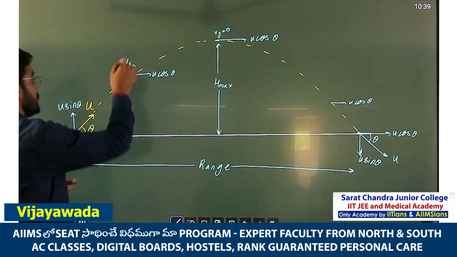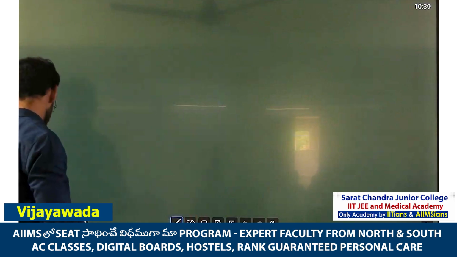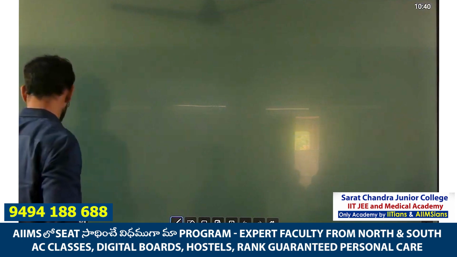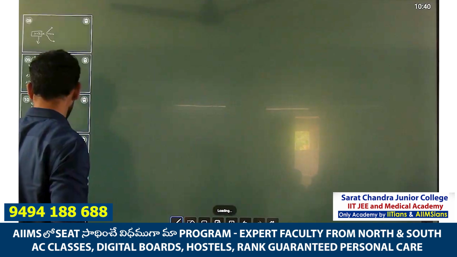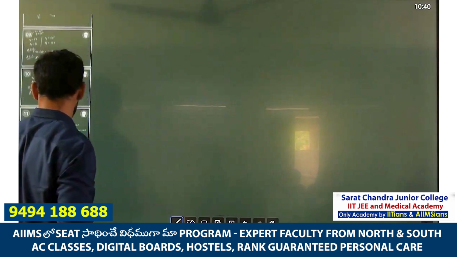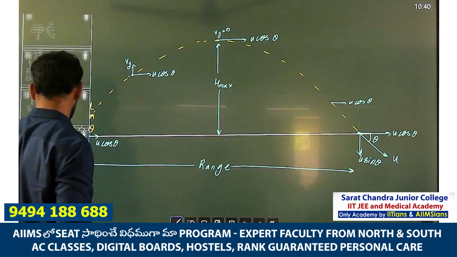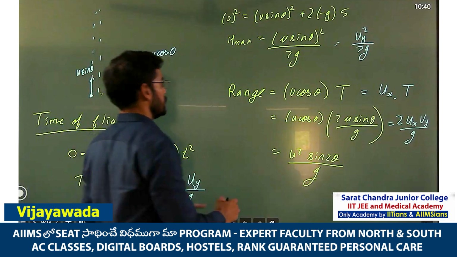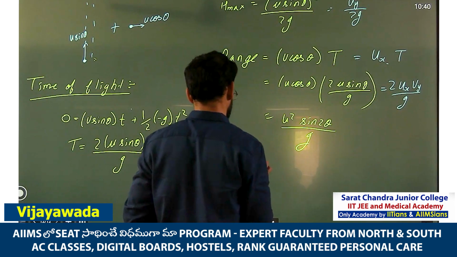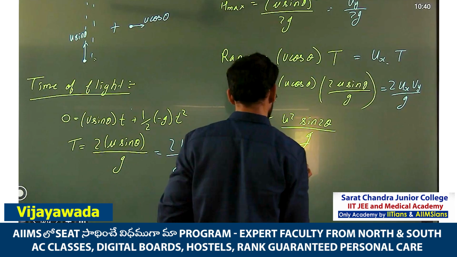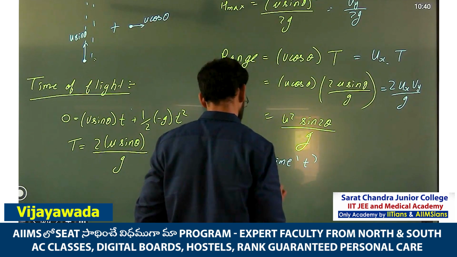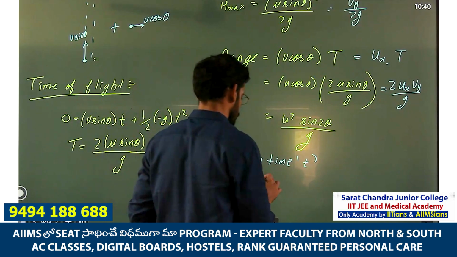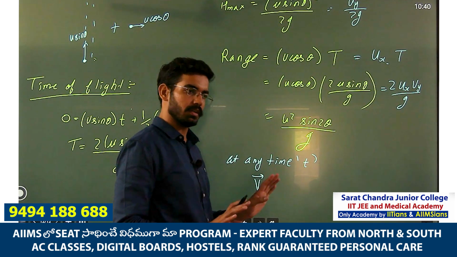Next, velocity at any point of time. At any time t, he can ask you the velocity. If I talk about the v vector, basically horizontal is constant, horizontal same.